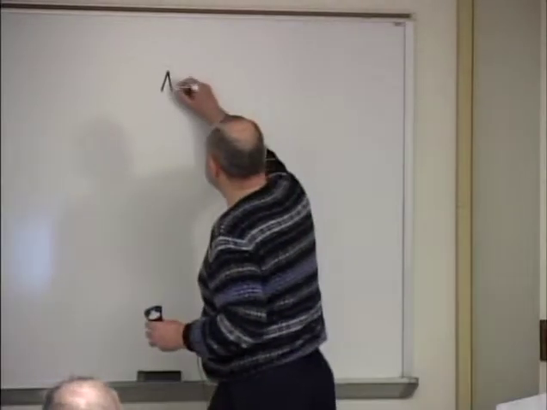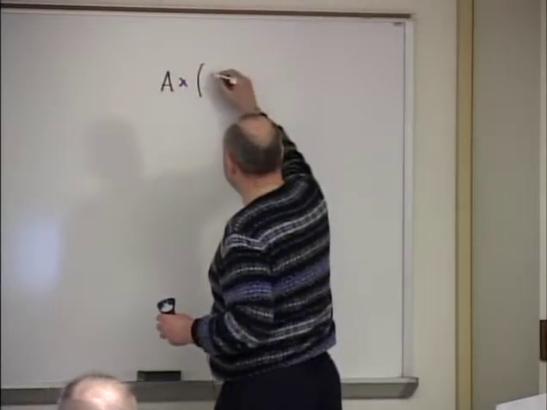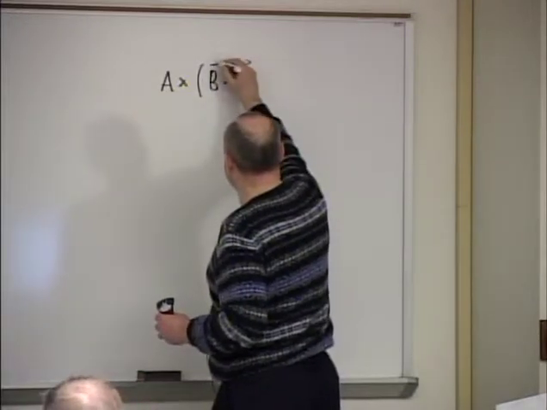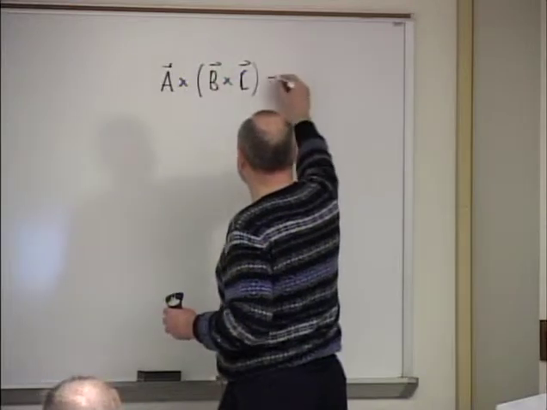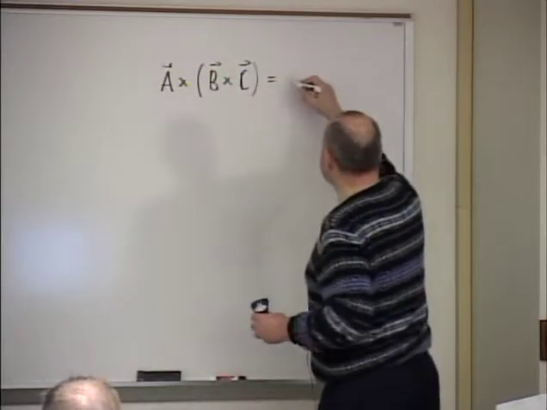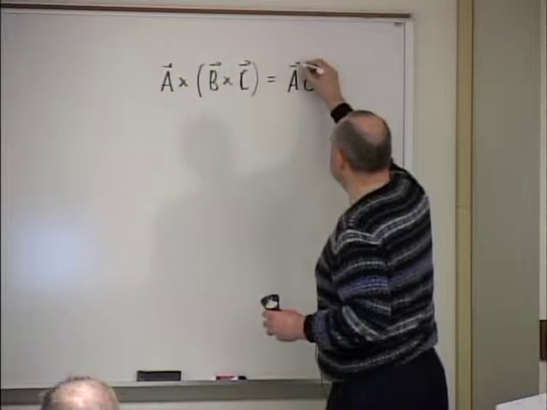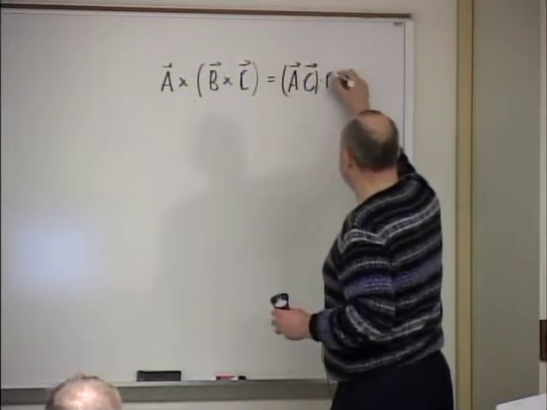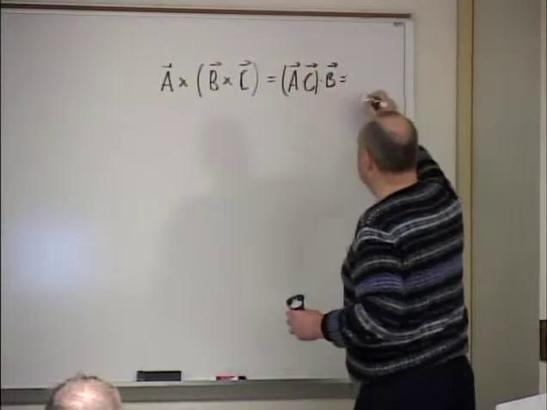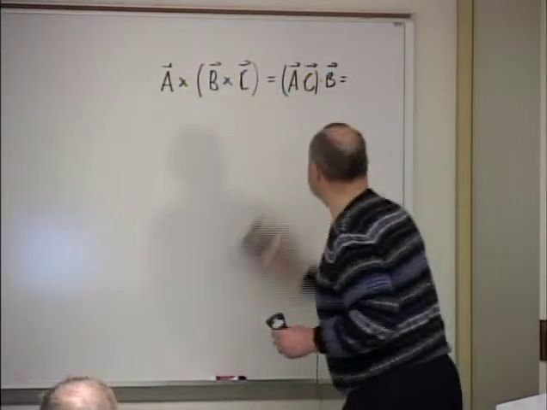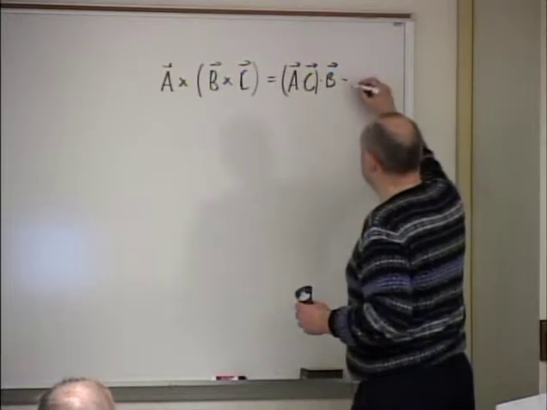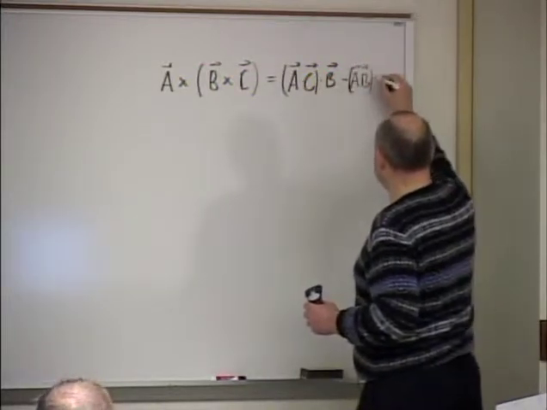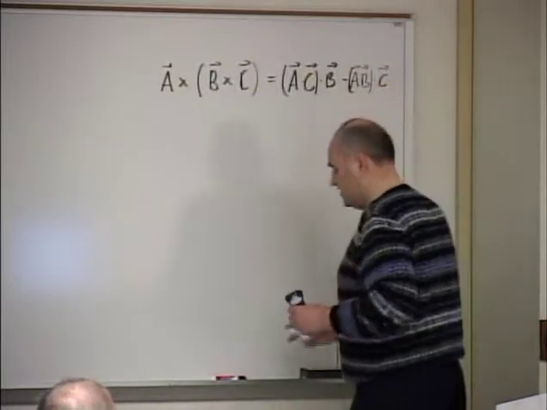If I have vector A crossed with the cross product of vector B and vector C, I can write it down as the scalar product AC multiplied by vector B, minus the scalar product AB times C. I think I did it right.